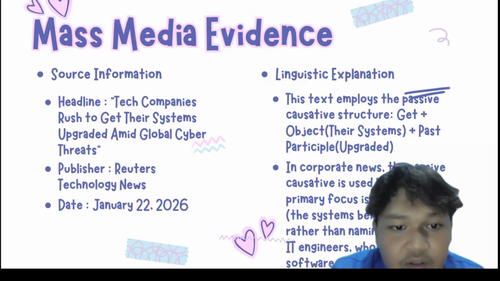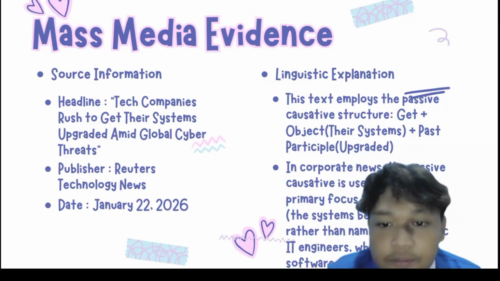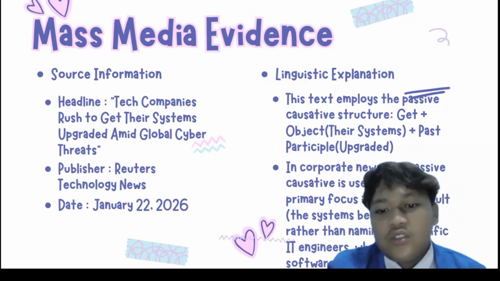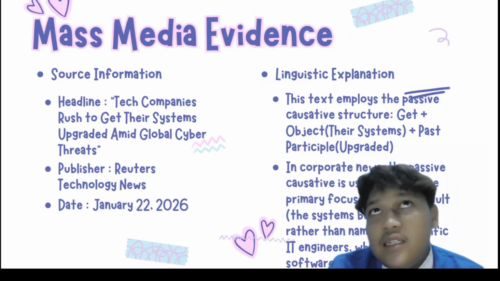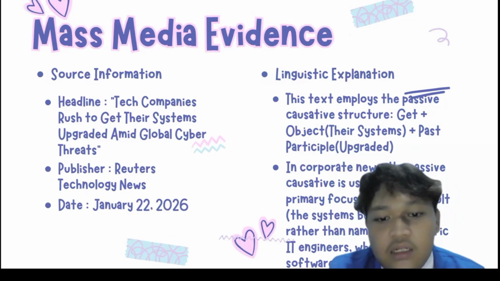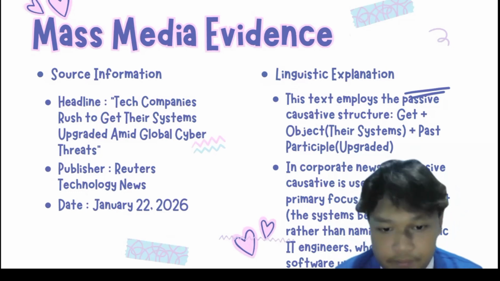In professional corporate news like this, the passive form is highly preferred because the absolute focus is on the final outcome, meaning the systems are secure, rather than explicitly naming the individual IT workers who perform the software updates.